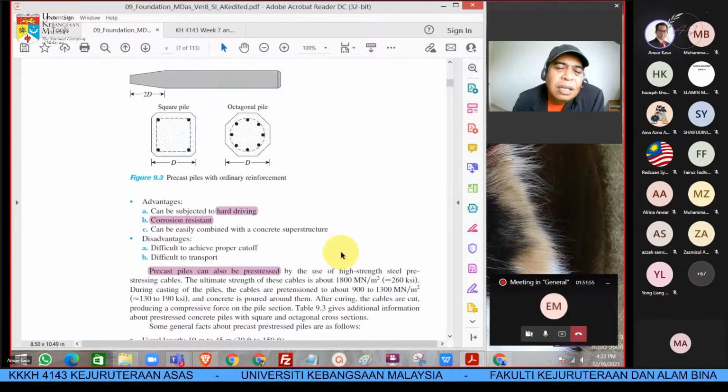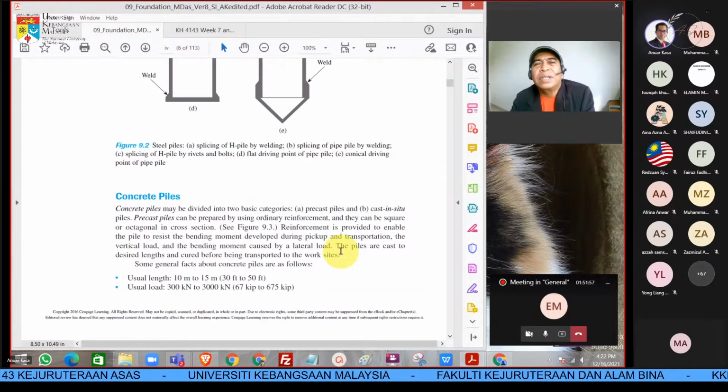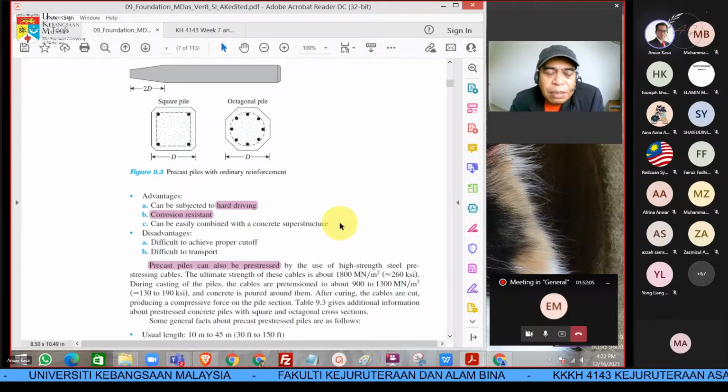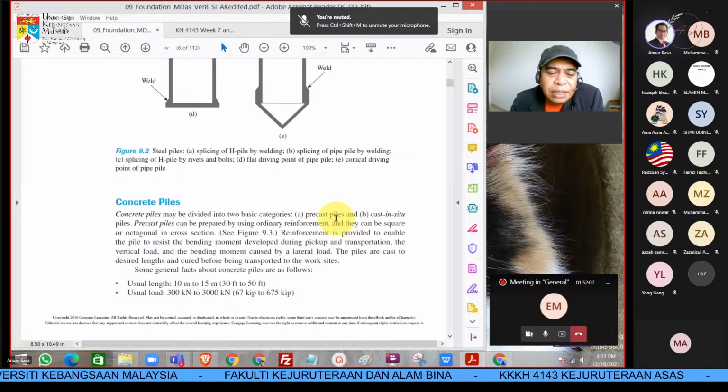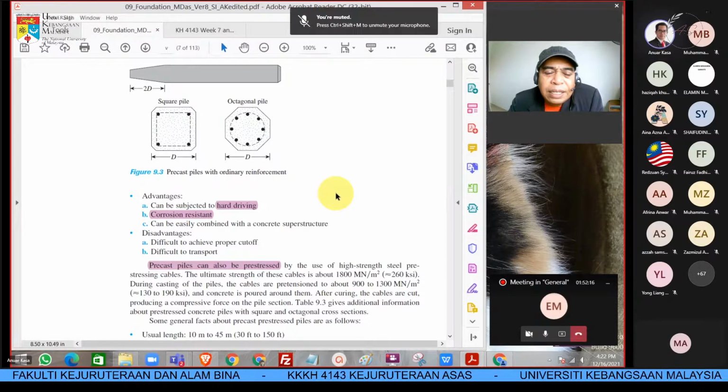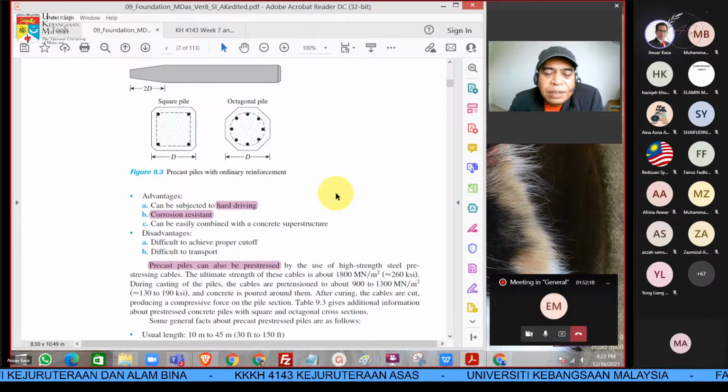Besides that, we also have a concrete pile. It can be precast or pre-stressed and so on. So many types. The thing about concrete pile, we can have a hard driving.